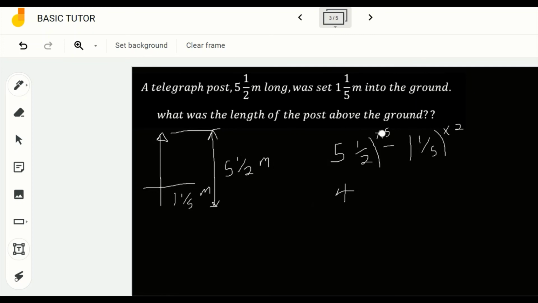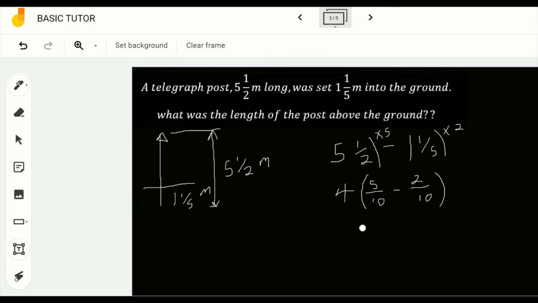So 5 times 1 is 5 over 5 times 2 is 10, minus 2 times 1 is 2 over 2 times 5 is 10. All right, I hope we all get this.